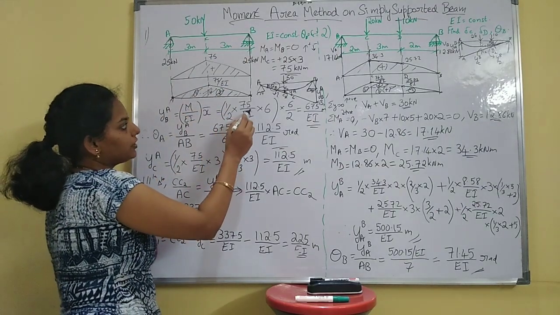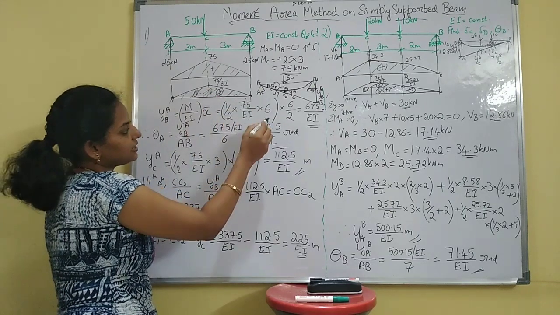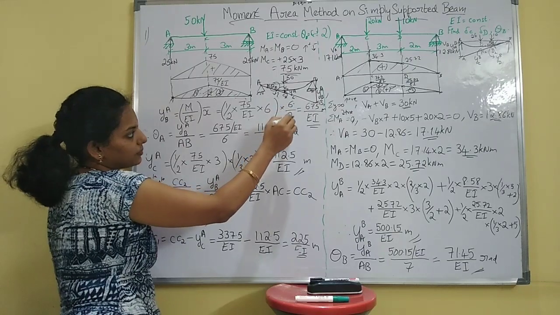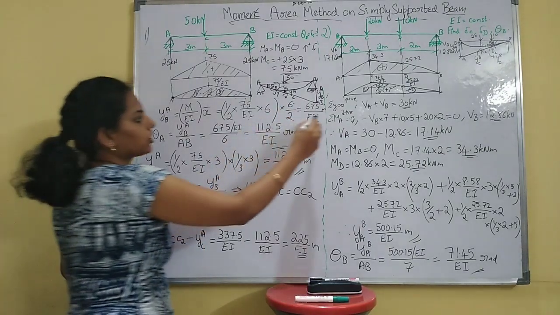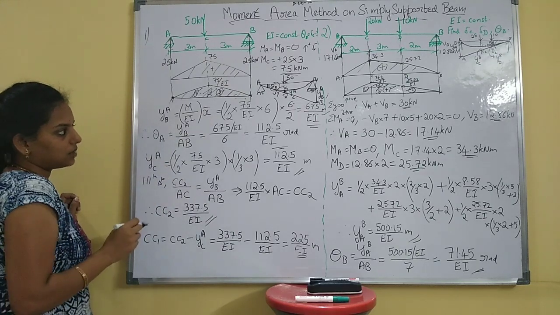For that, half into 75 by EI into the total distance, that is 6, and X bar is the centroidal distance, that is 6 by 2. Okay, you will get this value. EI is constant, so just write in terms of EI itself.